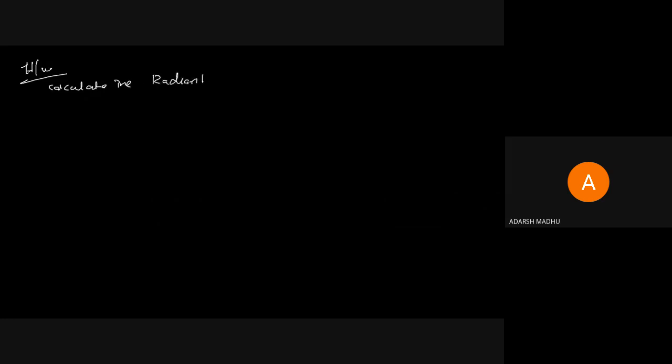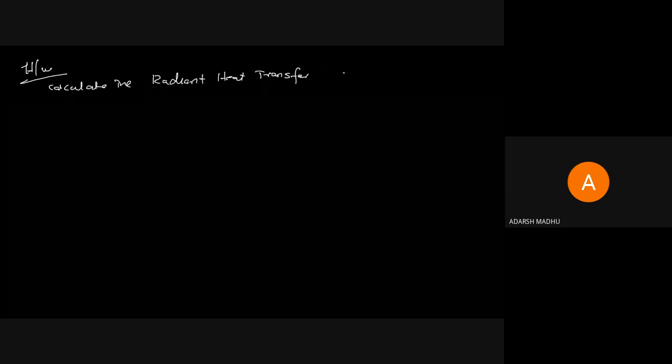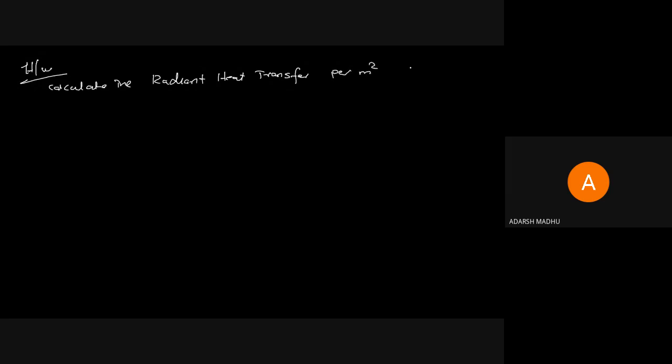Calculate the net radiant heat transfer per meter square area for two large parallel planes at temperatures of 427 degrees Celsius and 27 degrees Celsius respectively.